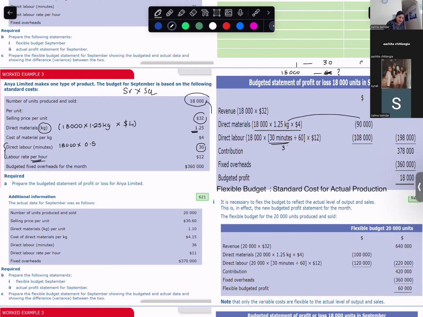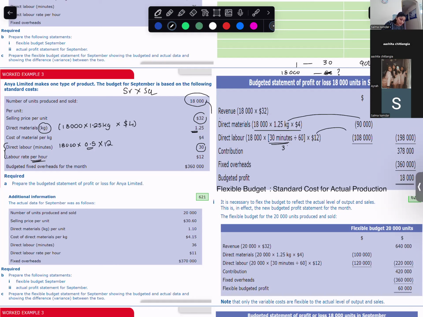So it will become 9,000 hours. You can do the calculation about the hours and minutes yourself. So 30 minutes, I'm taking as 0.5, and the rate per hour is 12. It is 18,000 into 0.5 into 12. So it becomes 108,000.